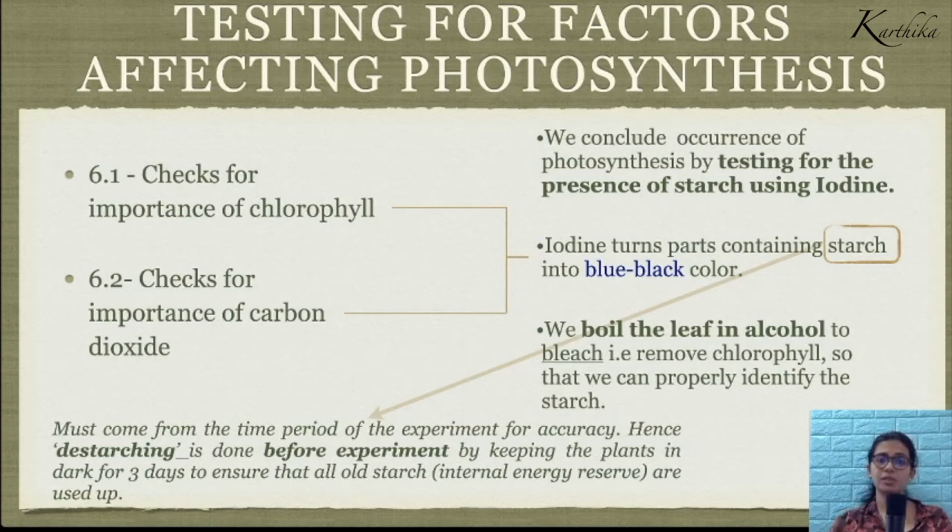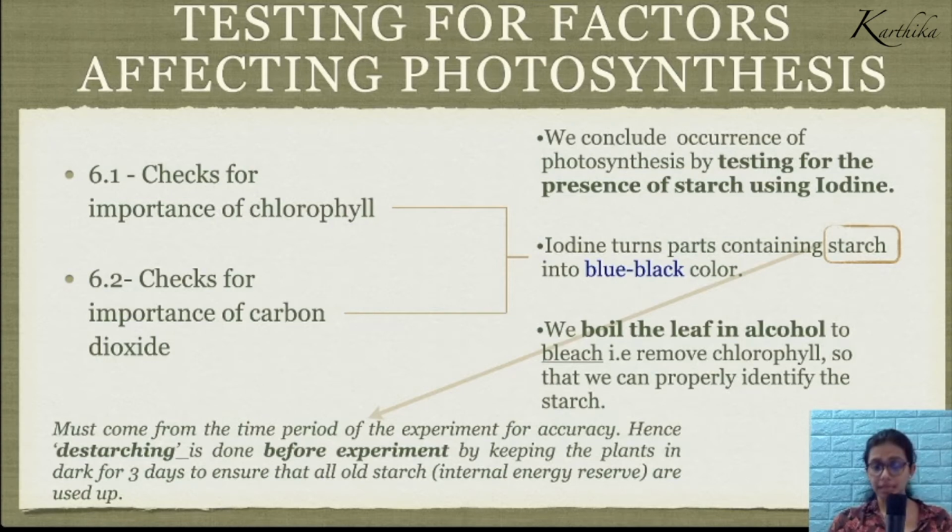That means it has zero starch from before, and whatever starch we'll be testing for during the iodine test, that starch will come from the experiment, right? So our results will be accurate. So if we take the steps of the activities one by one, what remains common are these 3 things.